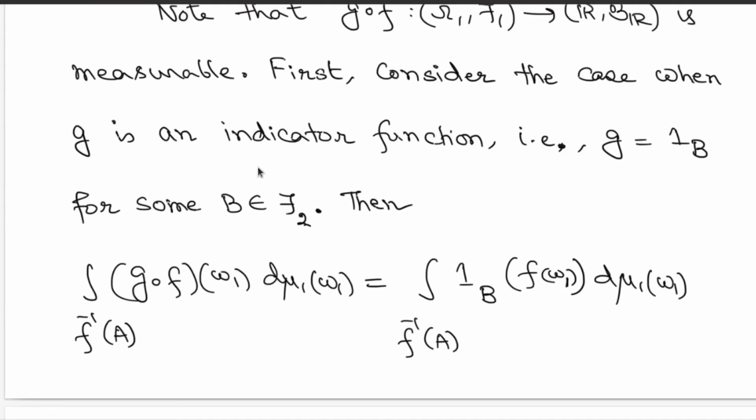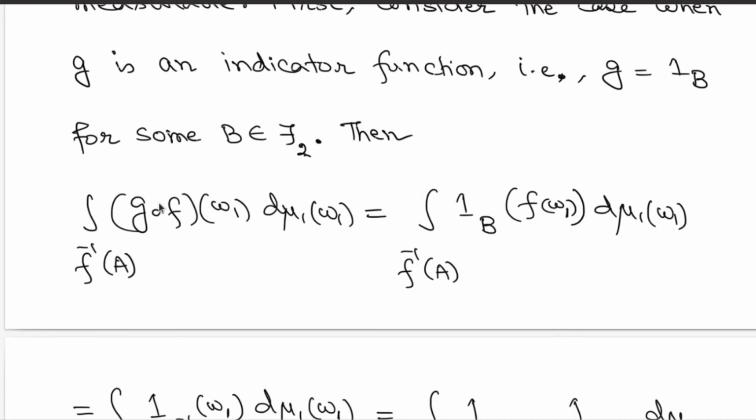Choose a set B on the domain side for g. Here what is happening is that you want to verify this integration equals something else with respect to the integration with respect to mu 2. Alright, so let's start with this expression and put in the fact that g is nothing but this indicator of B. So when we put in the definition, this is f of omega 1, we are checking whether it's in the set B or not.